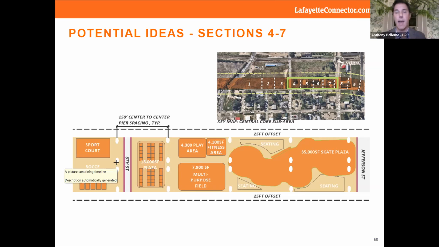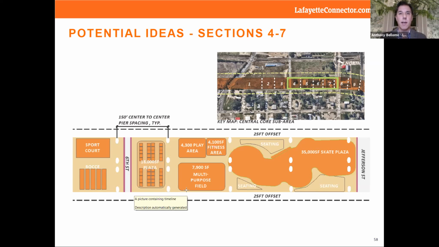But the idea is that some of these spaces could be flexible use. So along 6th Street here, this is being shown as maybe conceptualized as a plaza space. And what does that really mean? It means that most of the time it can be open space, but it has a flexible use. So it could give way to a farmer's market on the weekends or certain days during the week. It could be a flea market that's once a month or semi-annual, it could be a festival site when that is warranted or makes sense, or overflow space.